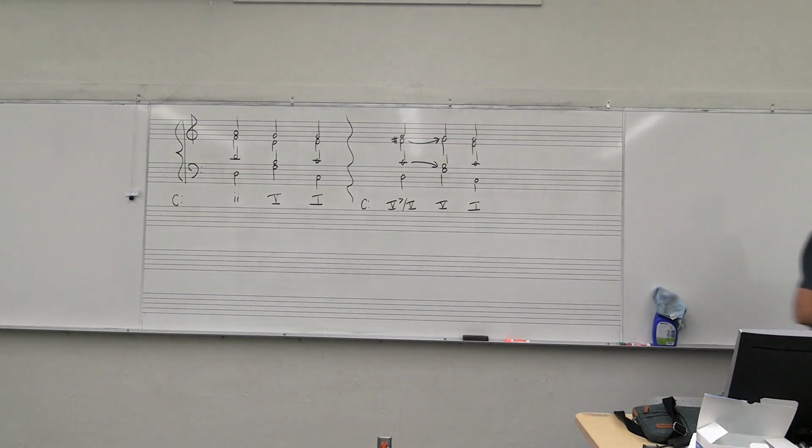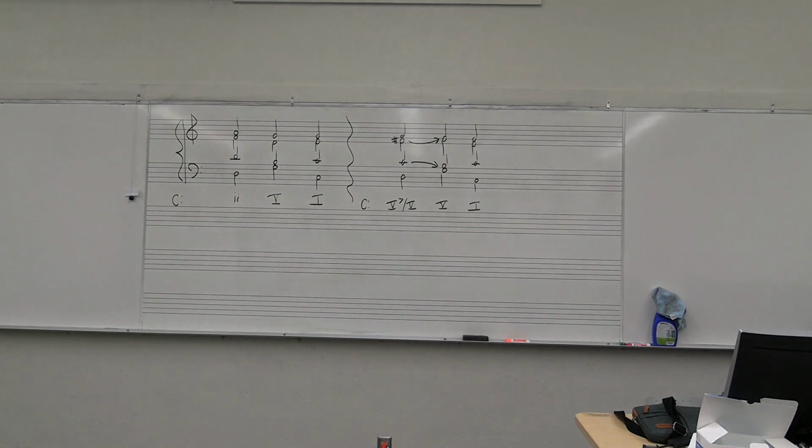So if I write, here's 2 to 5. Secondary dominant, if you want to tonicize?